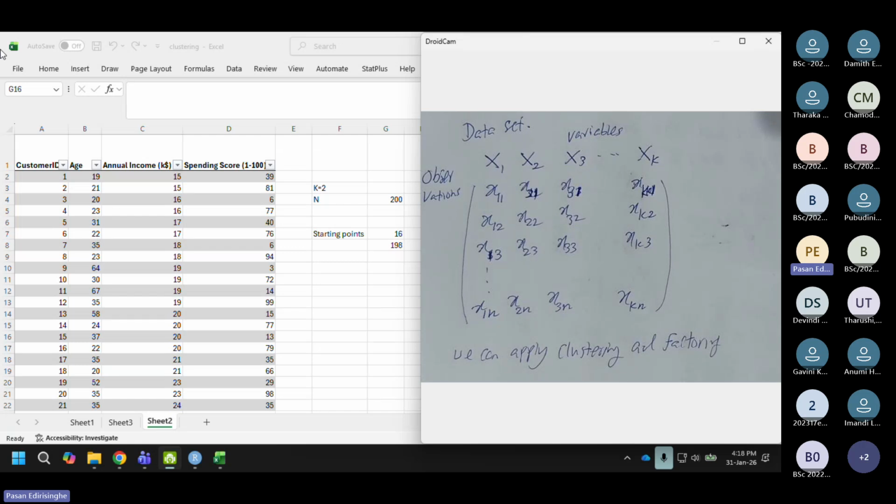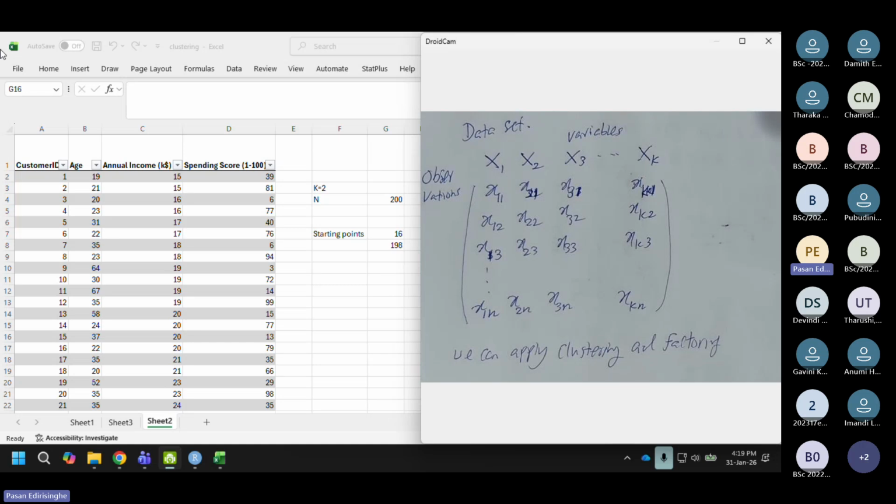In terms of wording, sometimes we call variables factors as well. That's why it is called factor analysis.